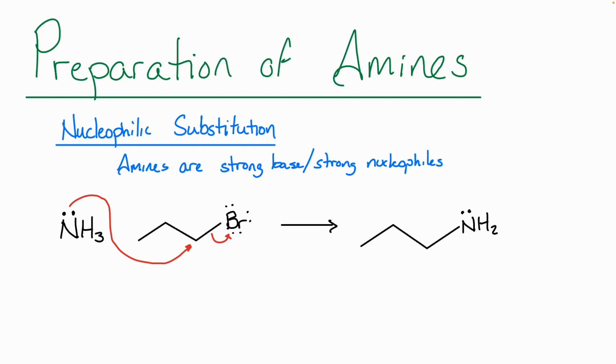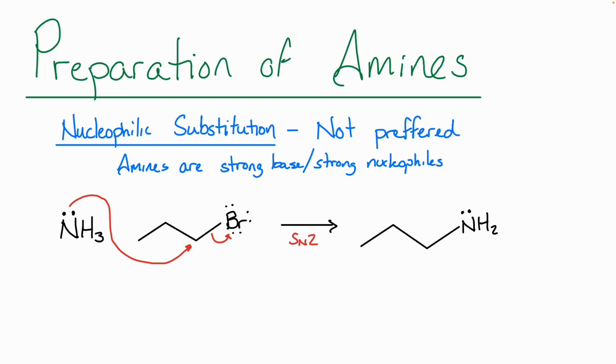All right, this would be an SN2 mechanism. Okay, so we can take our amine and add it to an alkyl halide, and we get this substitution reaction. This certainly works, but if you were looking to create a specific amine, this would not be the preferred method to do it. All right?